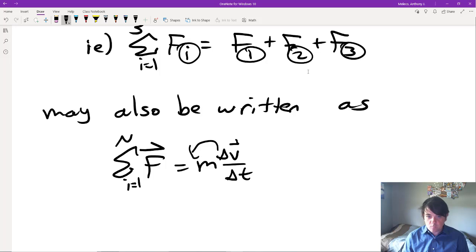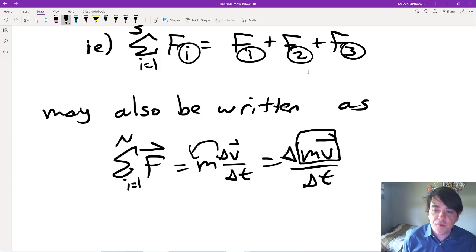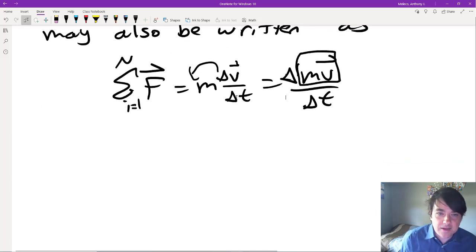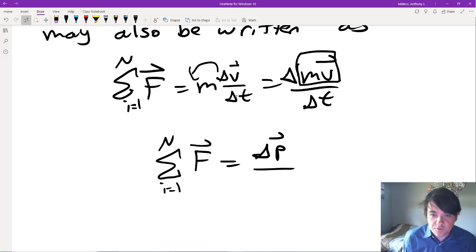And then you can move the delta to the outside and allow mass to change too. Okay, so the mass of objects could change. And then you get this new thing right here, mass times velocity. And so you can write that as a new quantity as well. Delta p, okay, is what that's called. And this is momentum.